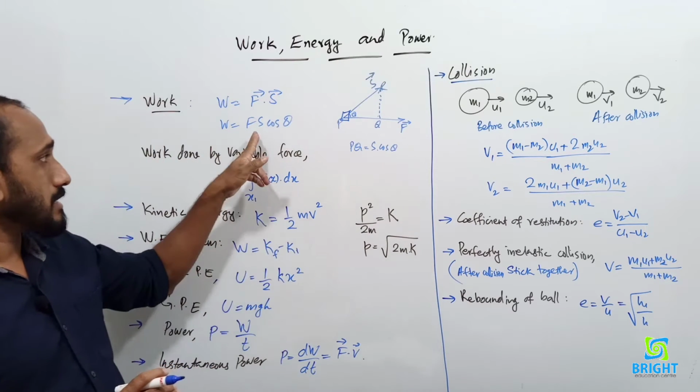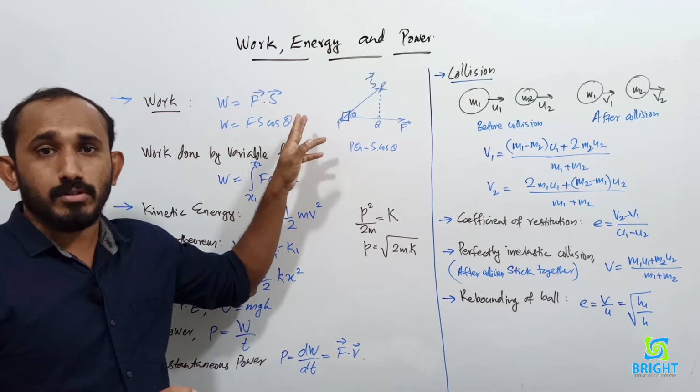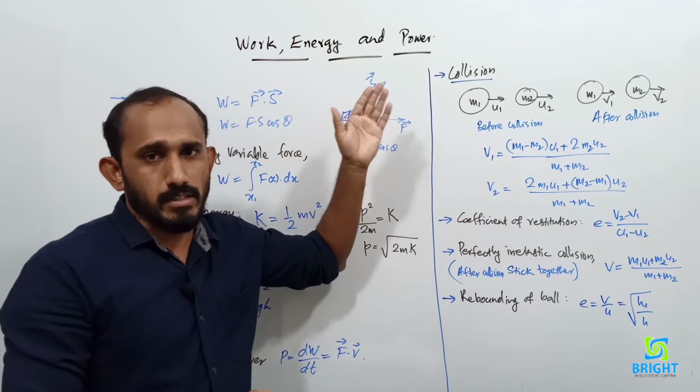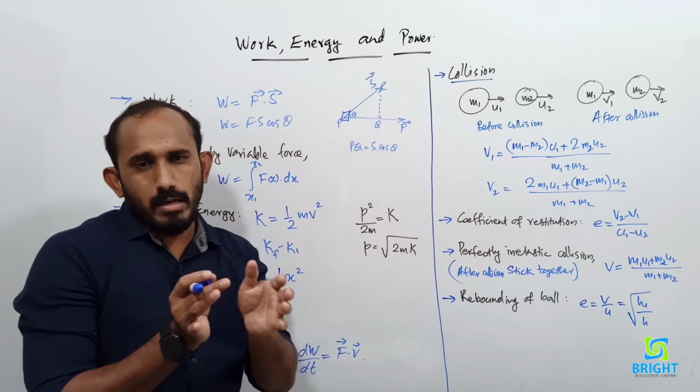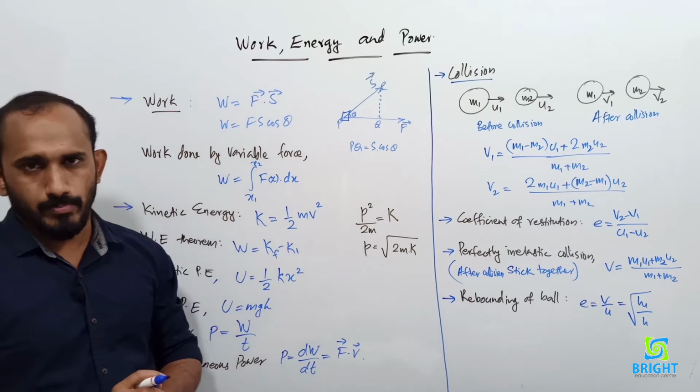Same way, we can write this as S into F cos theta, which is the projection of force along the direction of displacement. So using the concept of projection, you can elaborate the concept of work.